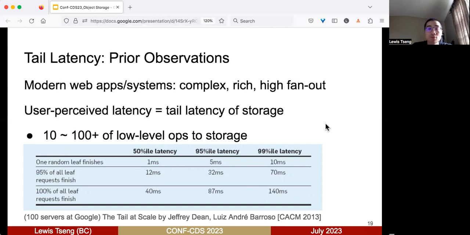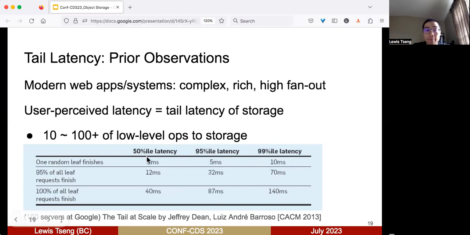As a result, the user-perceived latency is the tail latency of the storage. So when we design a backend system, we don't just look at the 50th percentile, the average or median latency. What we care about is the 99th percentile latency or even higher.